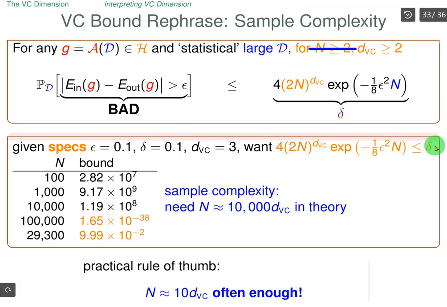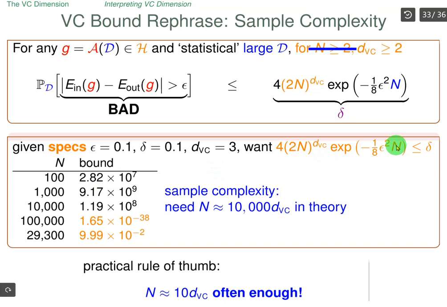Next, once these parameters have been set, VC dimension and epsilon, we can try to use datasets with different numbers of training examples. Here, for instance, we can try 100 examples and calculate the bound.